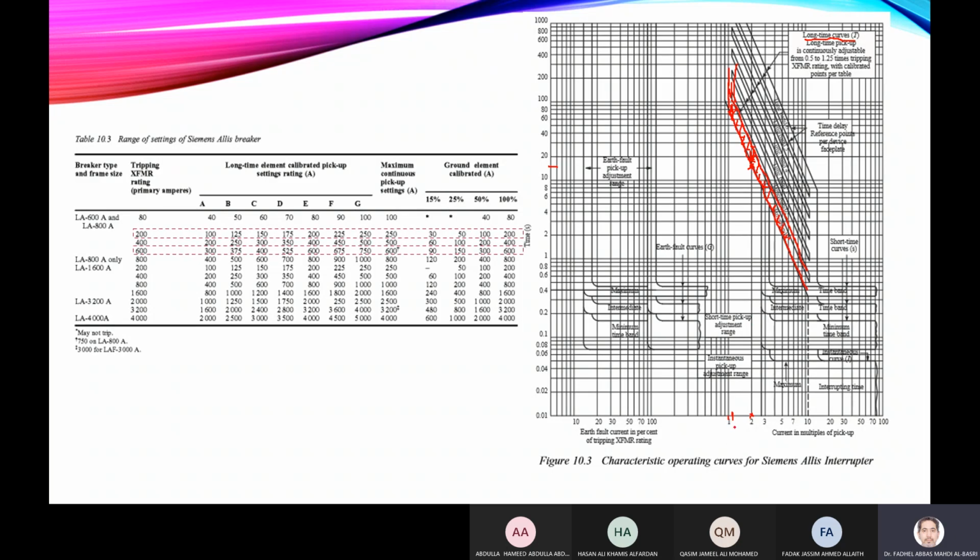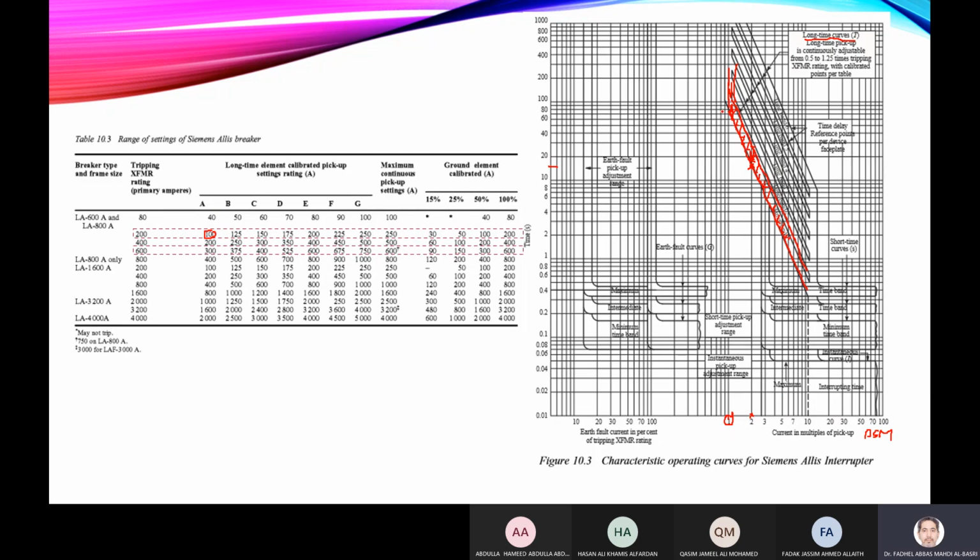So this is like a multiple of the setting. This is 100% of the setting that you have selected. Let's say the setting is 100 ampere. So at 100% of 100 ampere, 2 times is 200% of 100 ampere, and so forth. This is like a plug setting multiplier, a multiple of the settings.